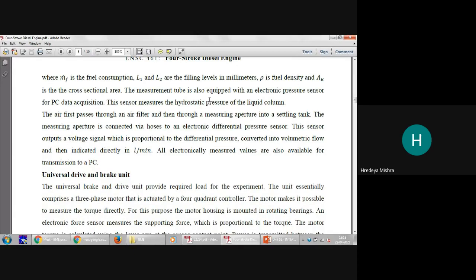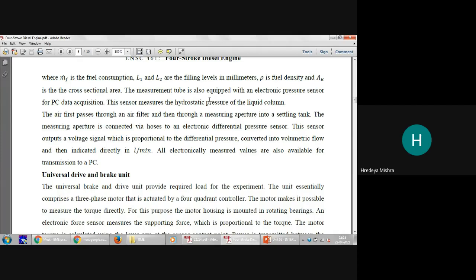The air first passes through an air filter and then through a measuring orifice into a settling tank. The measuring orifice is connected via hoses to an electric differential pressure sensor.